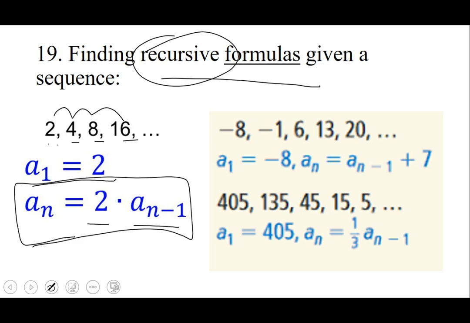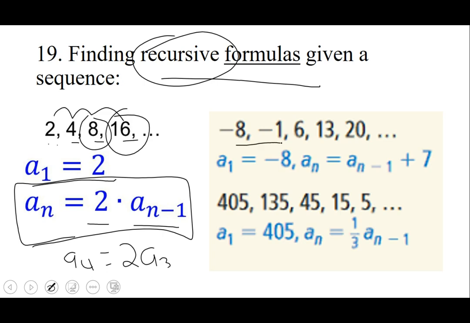So again, what this would mean is that if you wanted to find the fourth term, you would do 2 times the previous term, which would be the third term. And if you were to do 2 times 8, you would in fact get 16. And again, the pattern has to hold for all the values in the sequence.